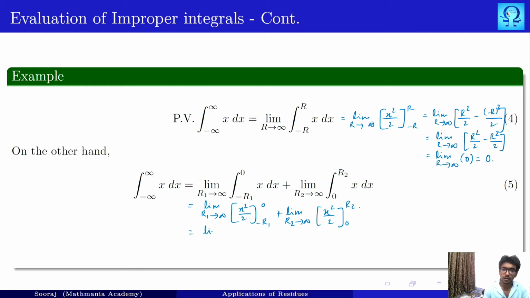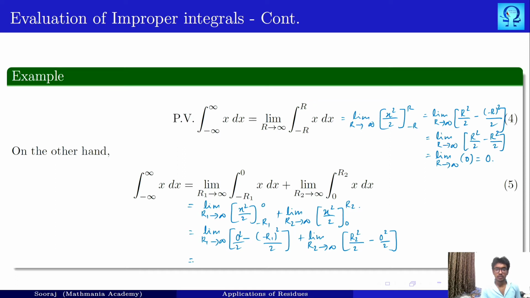When you substitute the upper and lower limits, you get 0 minus (minus r1 squared upon 2) plus limit r2 approaches infinity, r2 squared upon 2 minus 0 squared upon 2. Here also we have the same. So you can take this minus outside: minus of limit r1 approaches infinity, r1 squared upon 2 plus limit r2 approaches infinity, r2 squared upon 2.